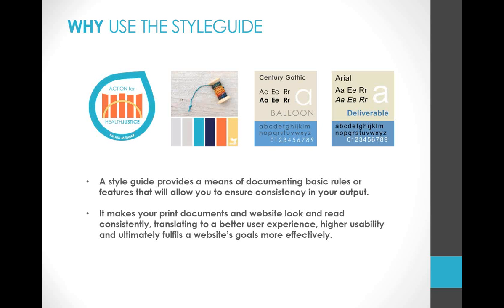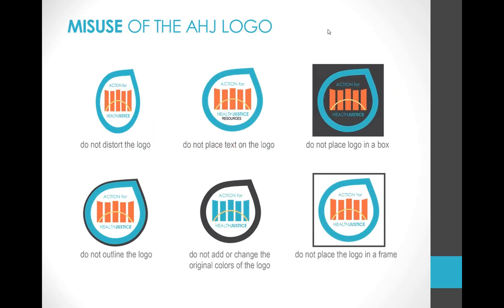So ideally, the style guide is basically your dictionary, your APA style guide, your MLA, whatever you've used in college to write your papers. It should give you a general idea of how to use the logo, what kind of color treatments you can use in some of the documents you create, what sort of typefaces, and how you can sound when you write out copy or content for the documents or speaking engagements you attend.